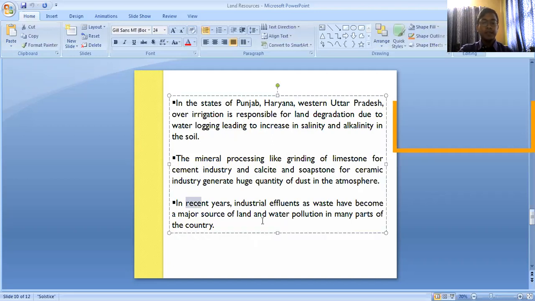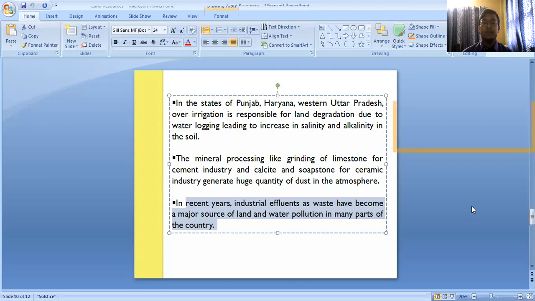See, in recent years, industrial effluents as waste have become a major source of land and water pollution in many parts of the country. Many of the waste products from the industries are being dumped into the nearby areas. When these waste products are dumped openly into agricultural land or open fields, what happens?